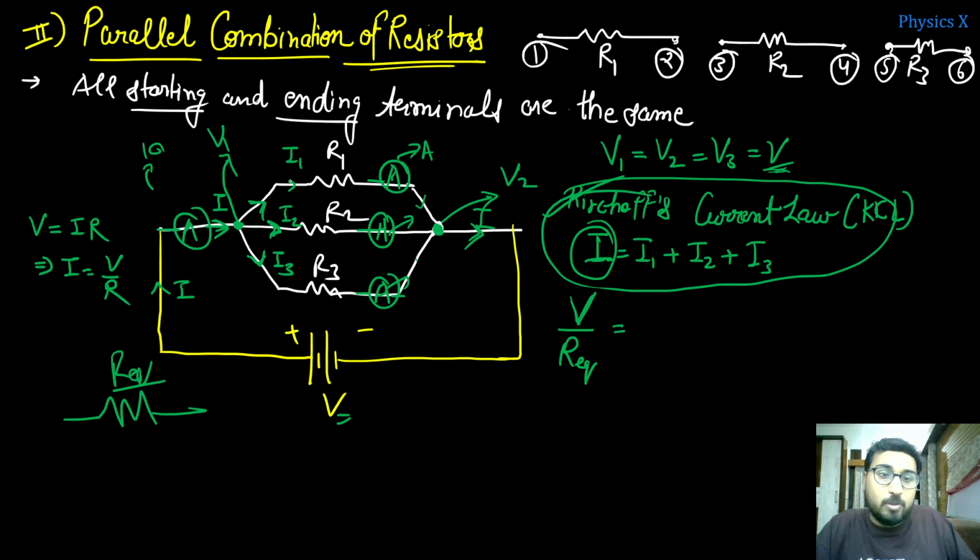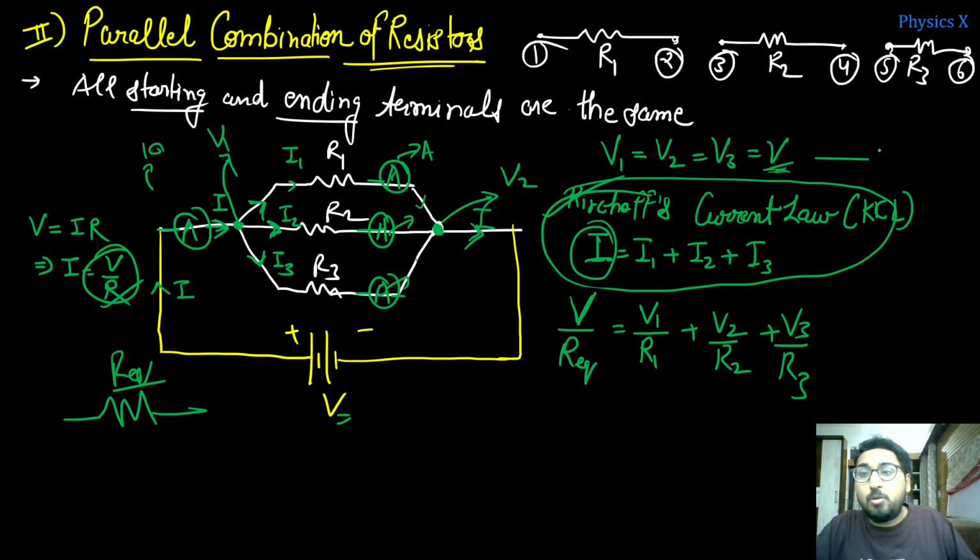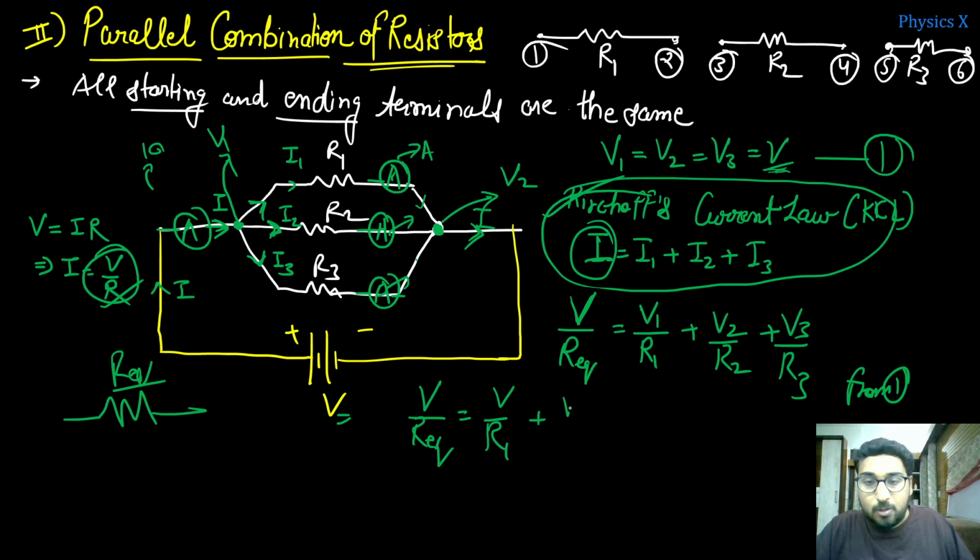And I1 is going to be what? It is nothing but the voltage across the resistance of this particular branch, so it is R1. So what will be I1? It will be V1 by R1 plus V2 by R2 plus V3 by R3. But since you know this, if I use the first equation, I can write that V by R equivalent is nothing but V1, which is V only, V2 is V only, and V3 is V only.